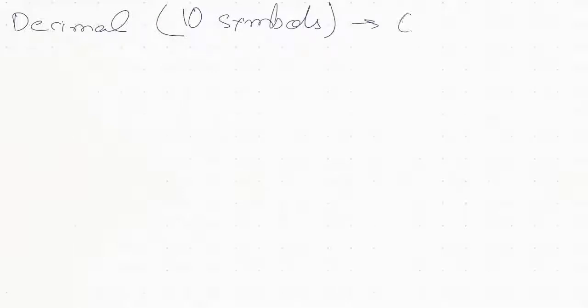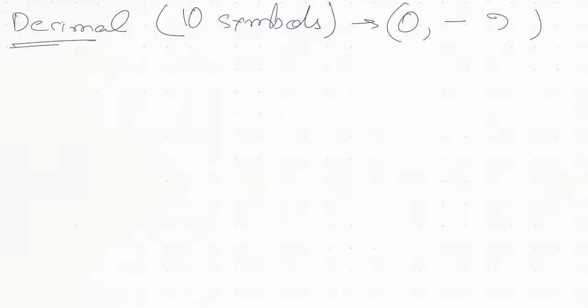Now decimal is the number system that we are using in our regular day-to-day transactions. It consists of 10 symbols, that is 0 to 9. Okay, these many symbols are present in it.